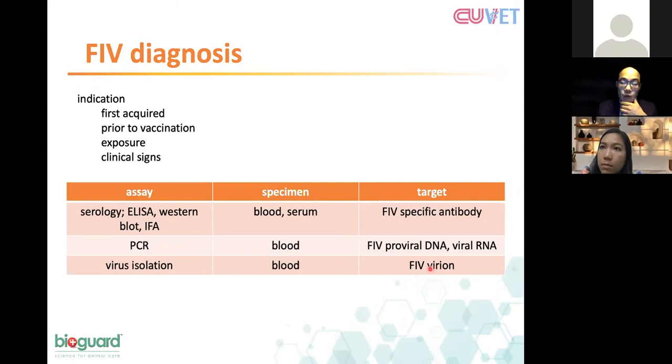Similar to FeLV, we can aim to detect both viral RNA in the circulation and proviral DNA in the blood cells. In my experience, detection of viral RNA has lower sensitivity than proviral DNA detection, because unlike its counterpart in human HIV, the FIV RNA load is not as high as HIV. So we tend not to use FIV RNA as a detection method for virus circulation, but instead we use proviral DNA.